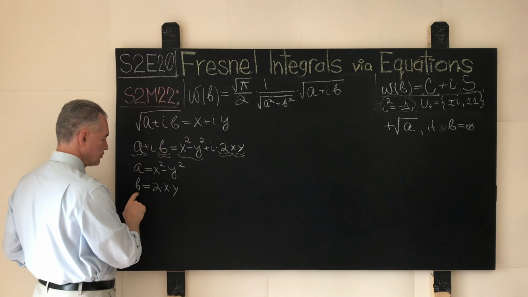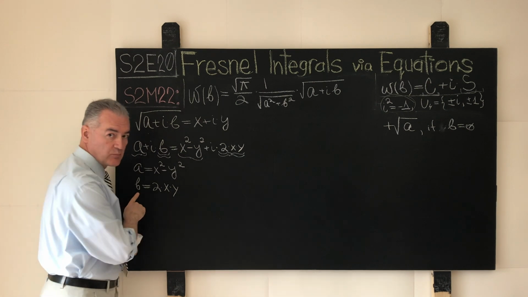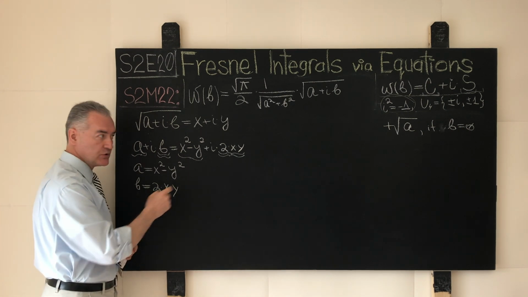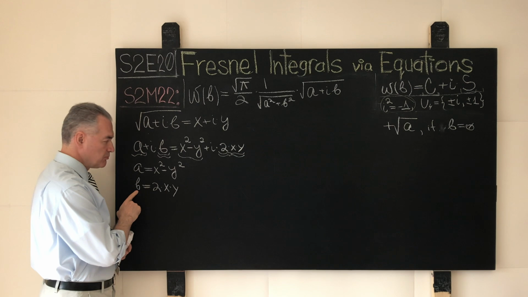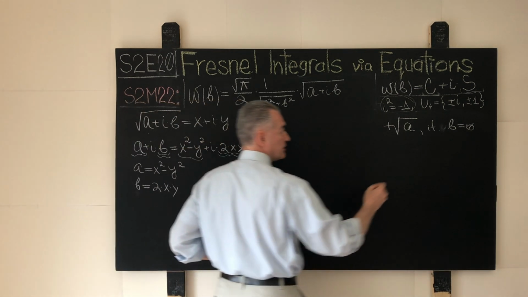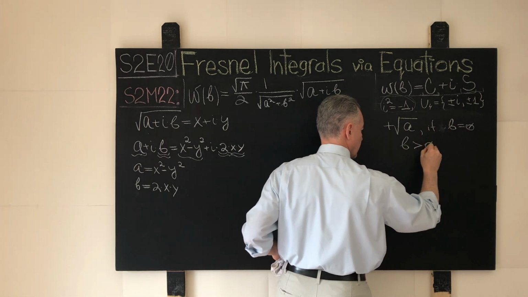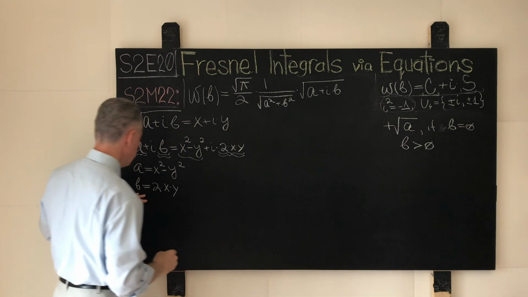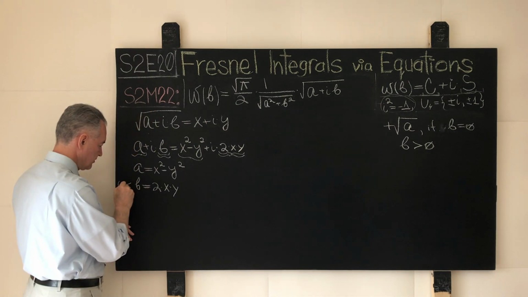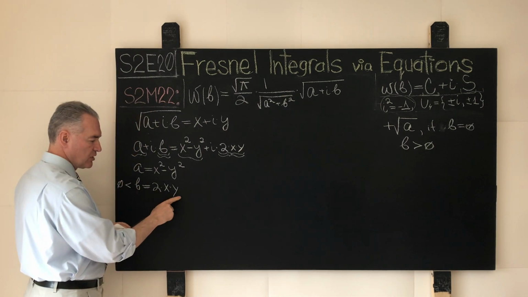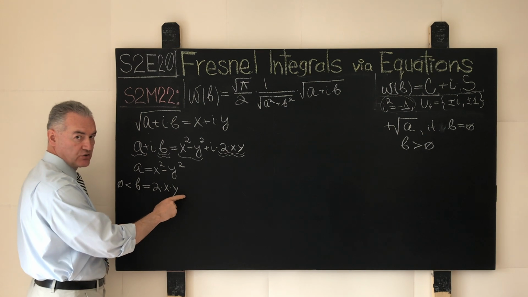And we also have another helpful observation that we will use in a few moments: b is ideally greater than 0. And if b is greater than 0, that means that x and y change in unison.